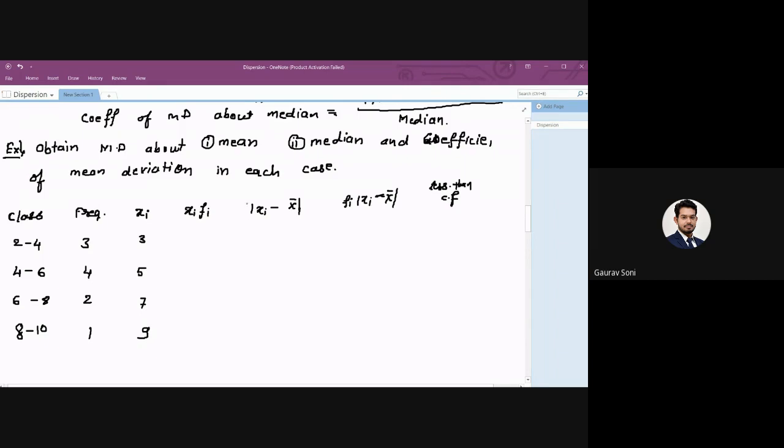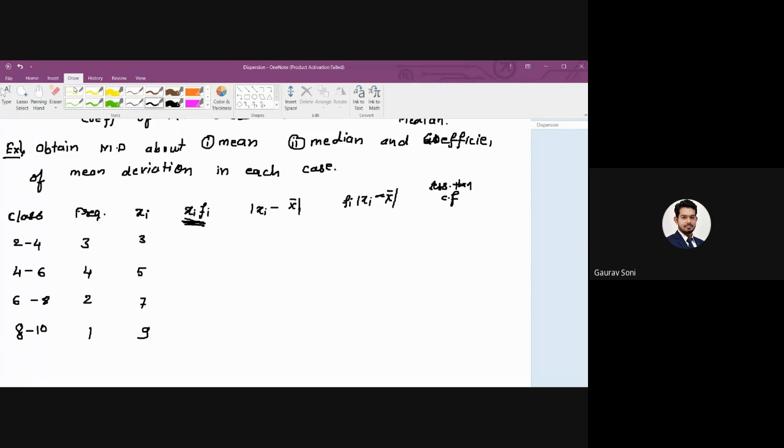Okay, so let's go ahead. Whoever have the calci, please follow the steps. For xi fi it is very much easier, multiplying is not so difficult to do all the calculations.